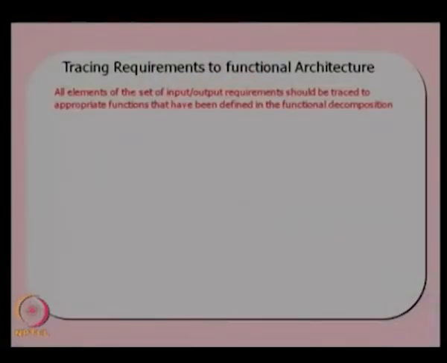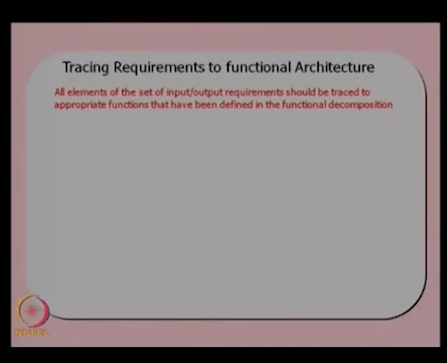We know that there are different requirements and we have provided different functions. Now, we need to ensure that these functions are sufficient to provide the requirements, or we can trace the requirements and associate the corresponding functions to them. Elements of the set of input output requirements should be traced to appropriate functions that have been defined in the functional decomposition.